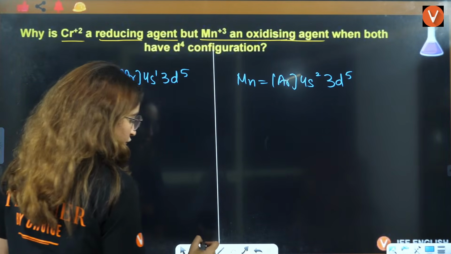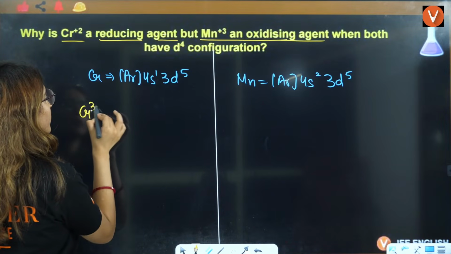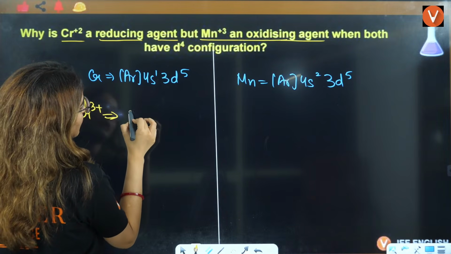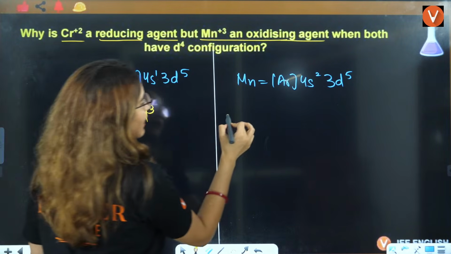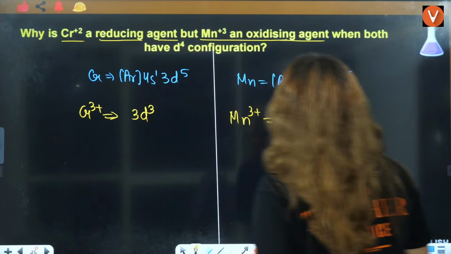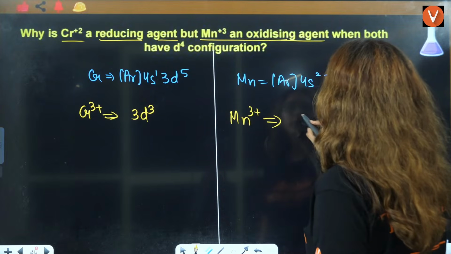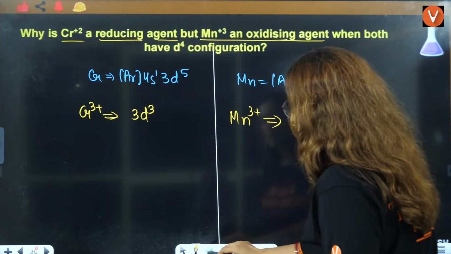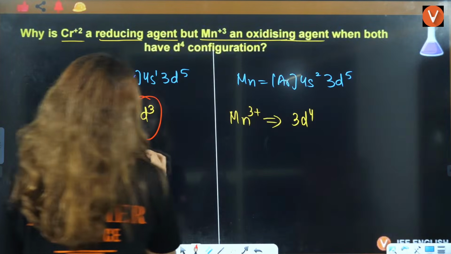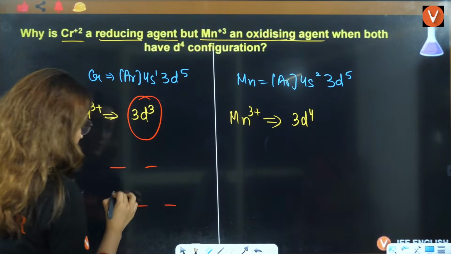When you take out the electrons, chromium 3 positive becomes 3d3, and manganese 3 positive becomes 3d4.